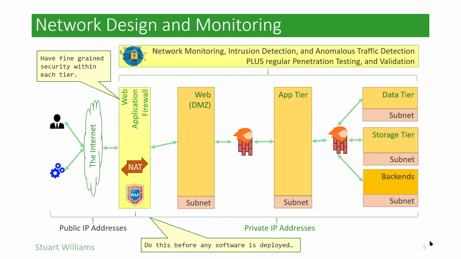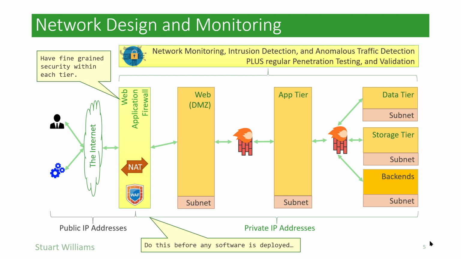So that means that table stakes includes network monitoring, intrusion detection, anomalous traffic detection, plus you want to make sure that you're routinely conducting penetration and other types of security testing and validation on your network and indeed all of the infrastructure built on top of the network on a regular basis, and that you remediate the findings aggressively.